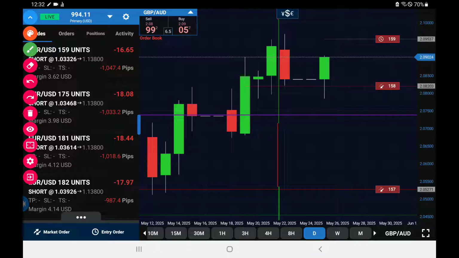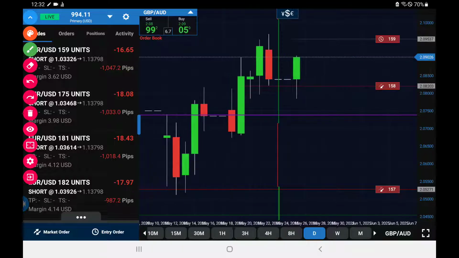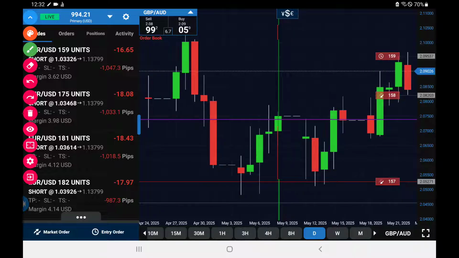That's not to say that the market can't just really skyrocket in one direction or the other, because as we can clearly see, the market does make some significant jumps, but it's not something that is over the top and obscene.